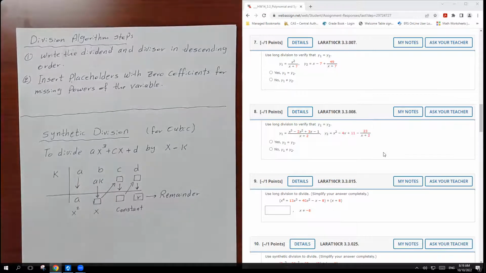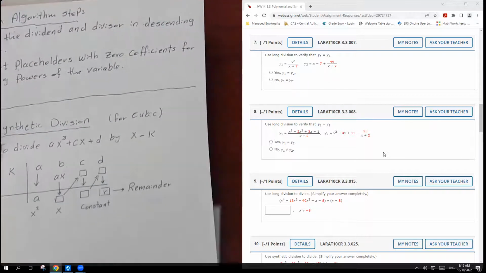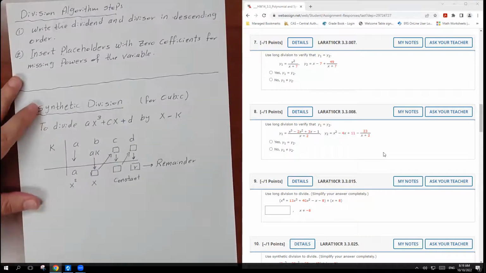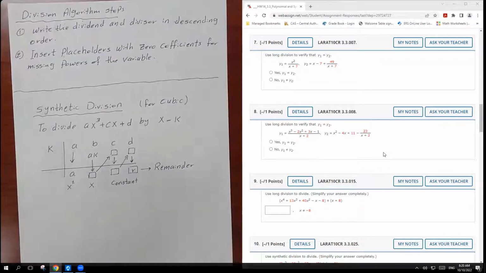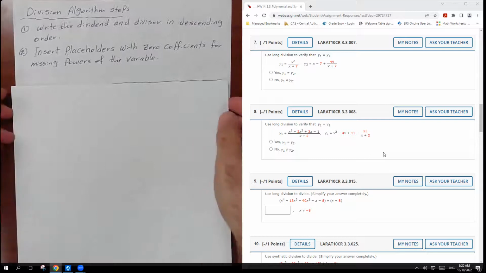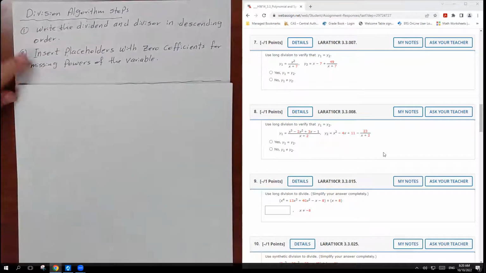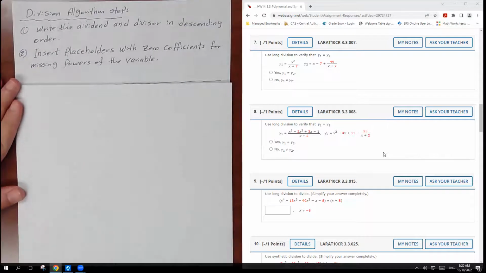I'm going to start doing examples, because by doing examples, everything is going to be easy before I move into the next method, which is the synthetic division. So let's start with example 7. Example 7 says, use the long division to verify that y1, which is this side, equals y2, which is this side.